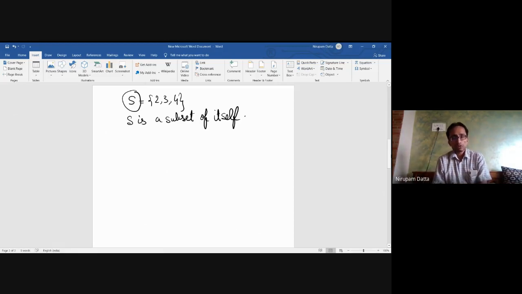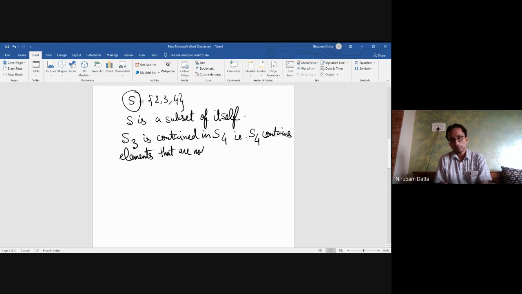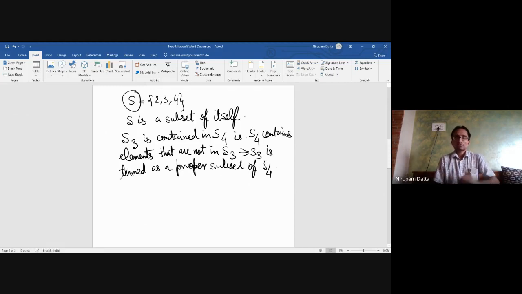Fine. So in the previous example, when S3 is contained in S4, that is S4 contains elements that are not in S3, then in such a situation S3 is termed as a proper subset of S4.